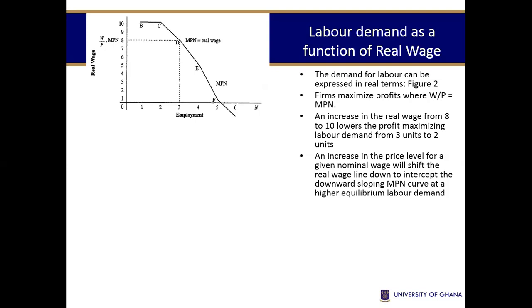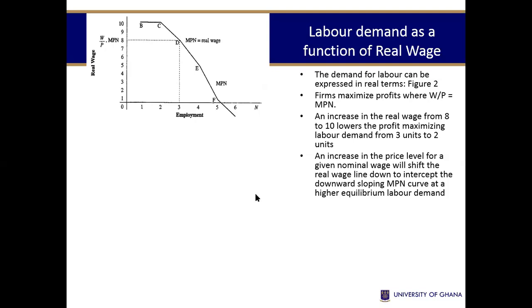You understand? Or whenever there's an increase in price, it means that the benefit that the firms are getting from selling their commodity has increased. And we know from demand and supply that whenever there's an increase in price, sellers tend to sell more. And before you can produce more, you need to hire more labor.